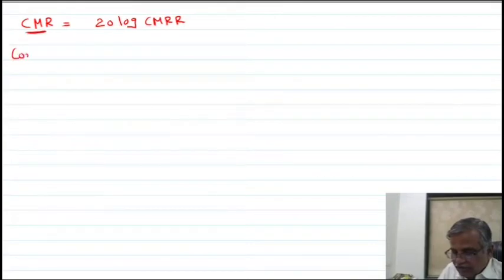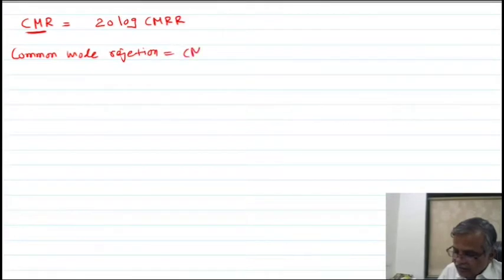Common mode rejection: when CMRR is expressed in decibels, it is called common mode rejection. It is written as CMR.